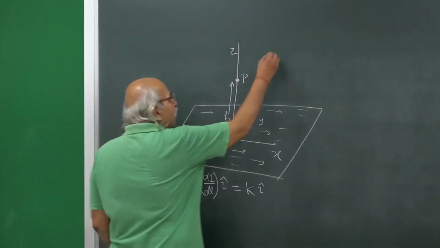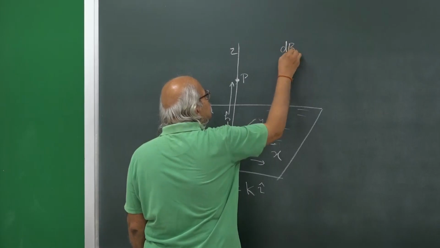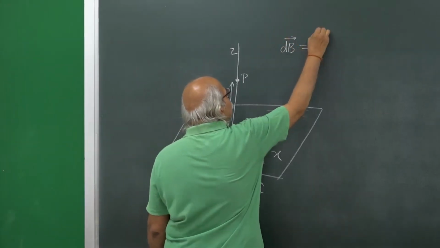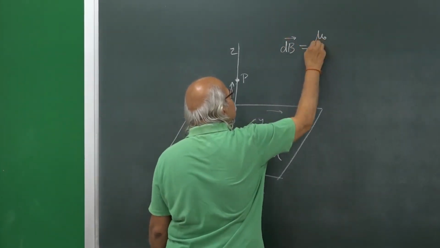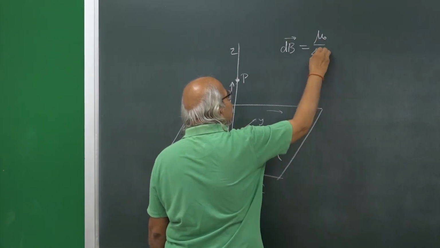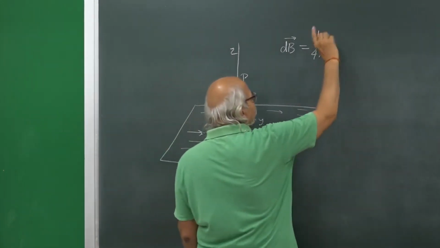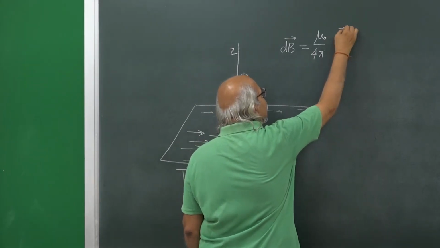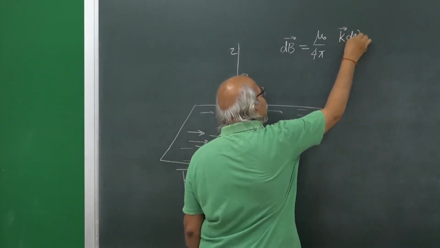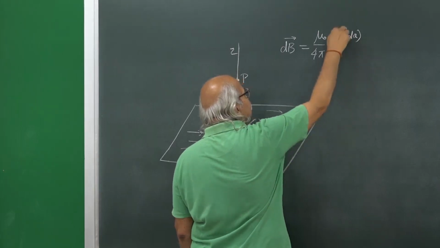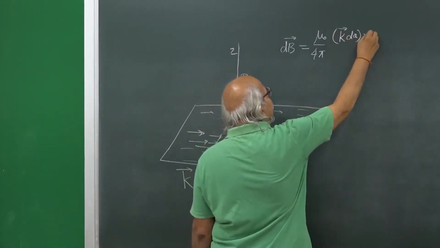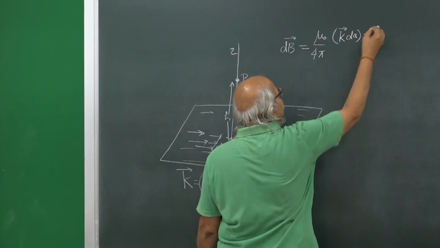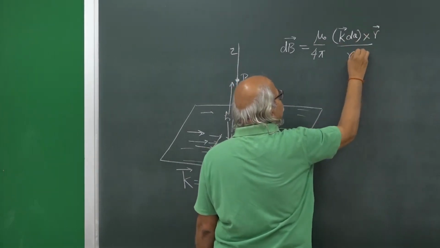Now, if I write the Biot-Savart law, dB will be mu naught divided by 4 pi, and then for I dl you will be writing K dA, I dl is replaced by K dA, and then cross the r vector and divided by r cube.